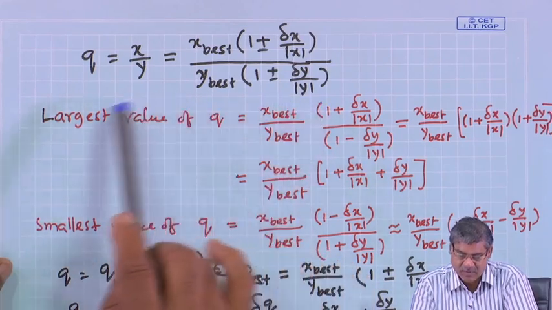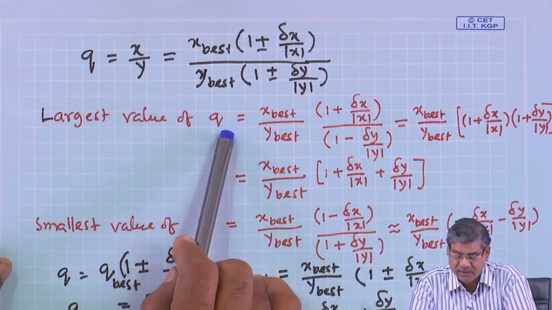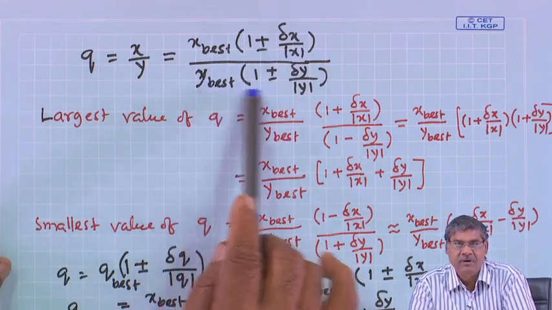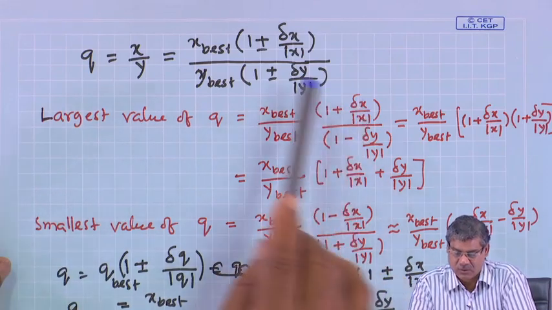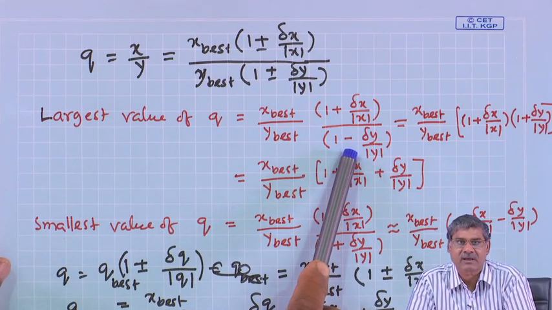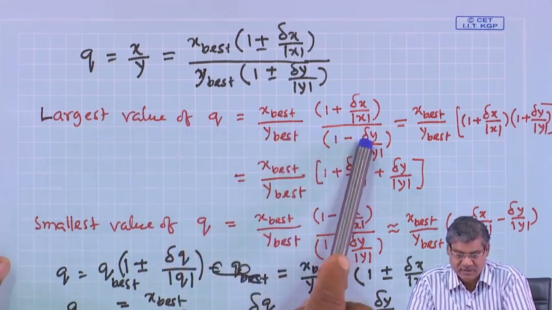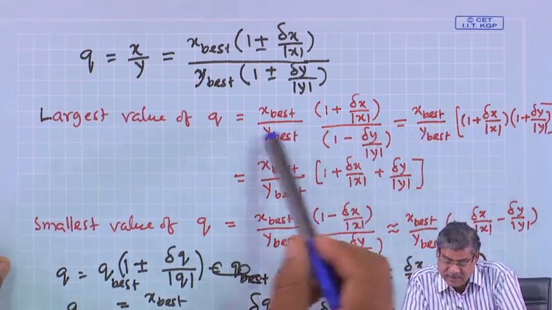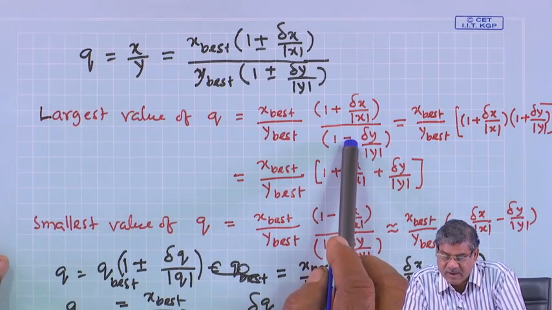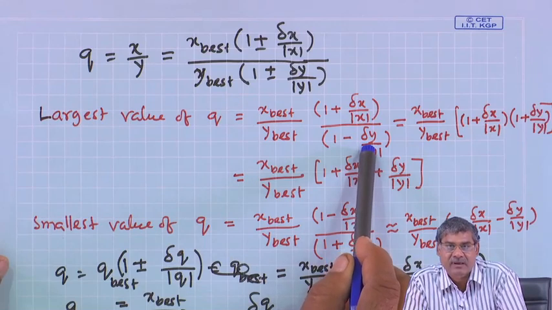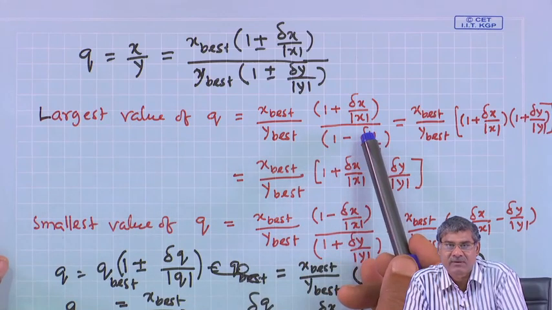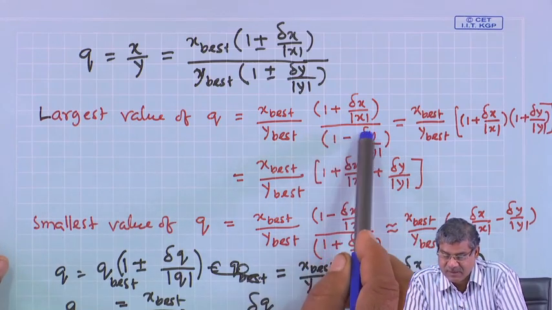So, from here, what will be the largest value of q? Largest value means the numerator has to be large and the denominator has to be small. So, I will consider plus here and minus here. Then this value will be the large value, and from here I have written x based by y based. Then you see this 1 plus or minus something. If it is very small compared to 1, then you can use the binomial theorem.